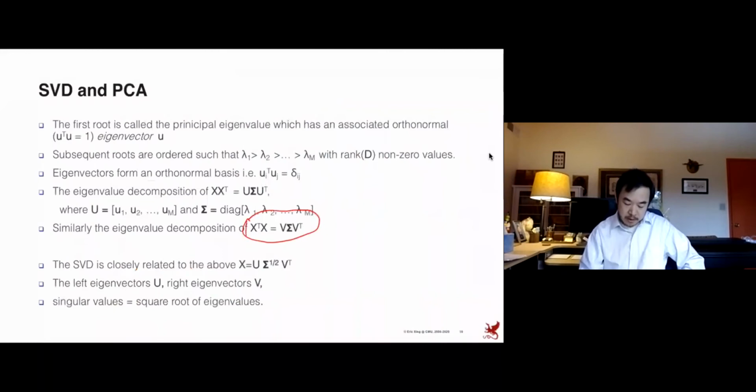And if we do this, right, the V matrix is basically a matrix of column vectors, which are the eigenvectors of this guy. And then if I do something like this, let me see if I can do that.